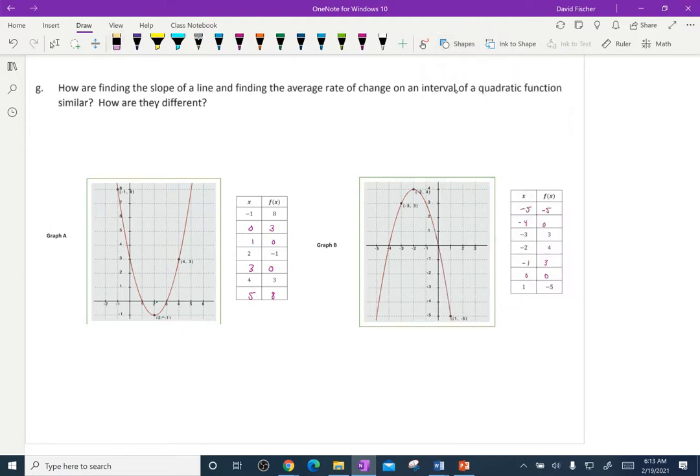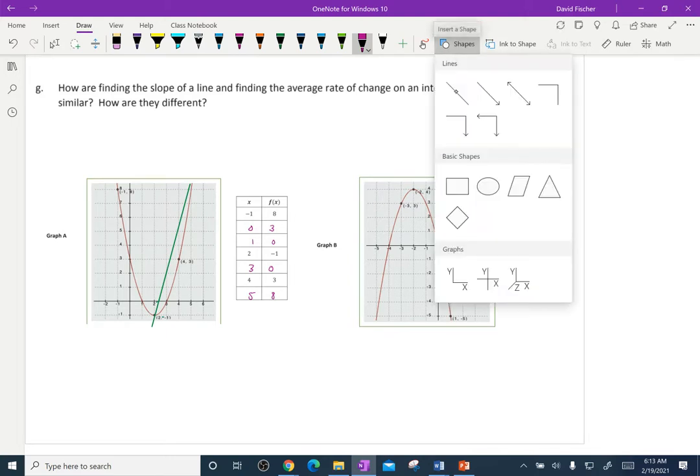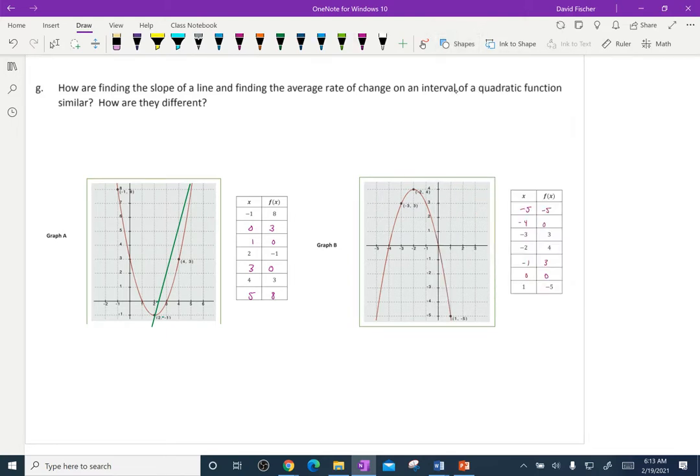If I was going to go from my rate of change from this dot down the best I could to this one, and it was a linear line, it would look like that. Okay, and then if I had another dot, so I'm going to do another line. If I said I wanted to know my rate of change from this dot maybe to this one, see if I can move that real quick. Do I have an arrow somewhere?